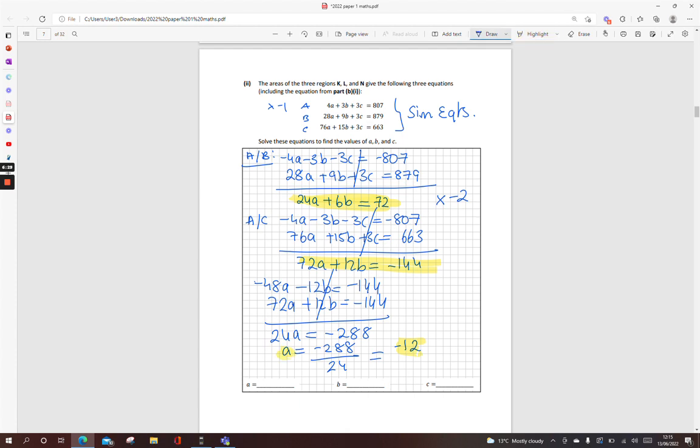So firstly, sub it into the double simultaneous equation. Say we put it in up here. Oh, wrong place, sorry. Sub it into the double part.